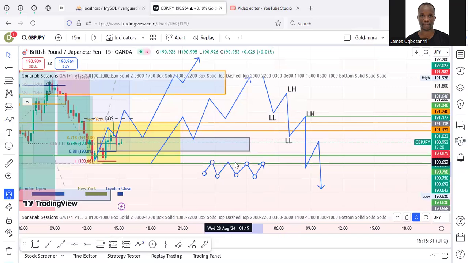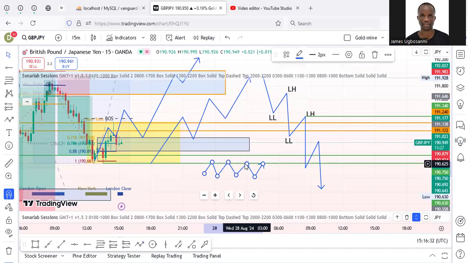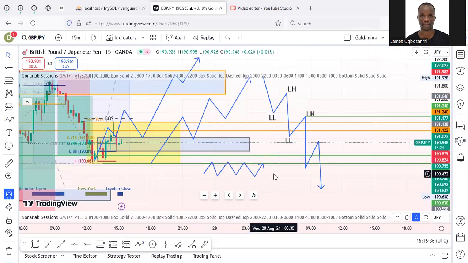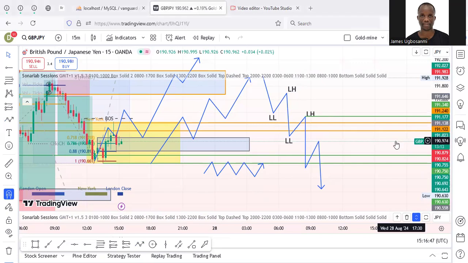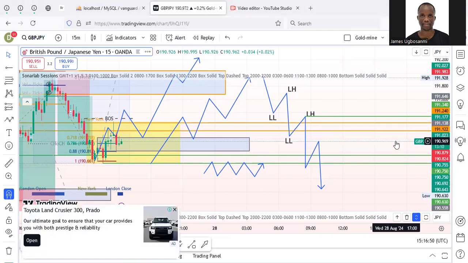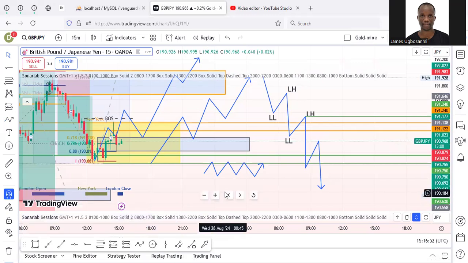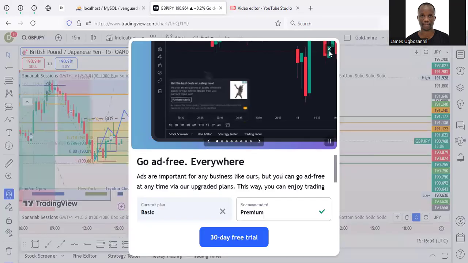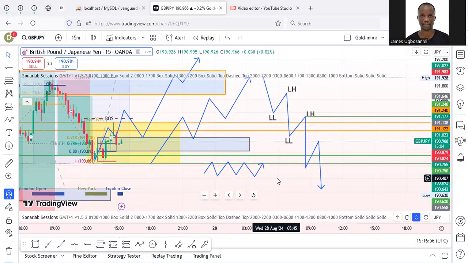You can't see any potential movement anywhere. You just wait. You just wait for the market to do whatever it wants to do, and wait for the range. This is called a ranging market.